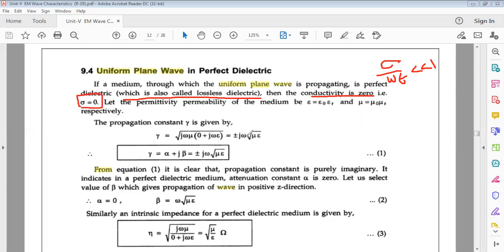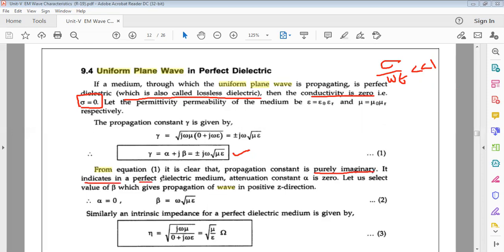The gamma is equal to plus or minus j omega under root of mu epsilon. What is alpha here? It is only the coefficient of imaginary, so alpha is equal to 0. Gamma is equal to alpha plus j beta, which is plus or minus j omega under root of mu epsilon. In equation 1, it is clear that the propagation constant is purely imaginary.